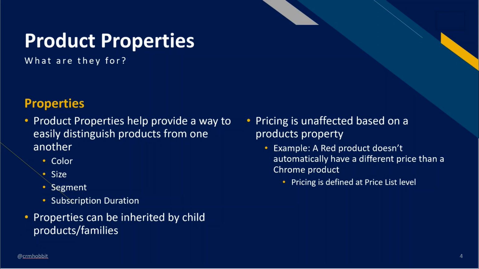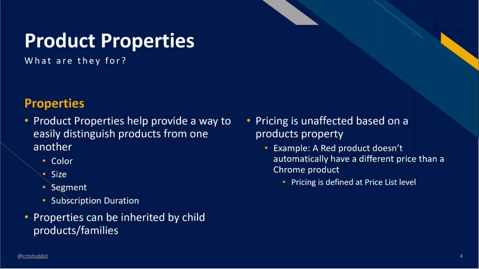So you could simplify product management and the classification of the products and services you sell and offer to your clients by adding properties to distinguish them from one another. A property of a product could be its size, its color, its segment, its subscription duration, and so on. You can add properties to a family, a product bundle, or a product as long as it's in a draft or under revision state.